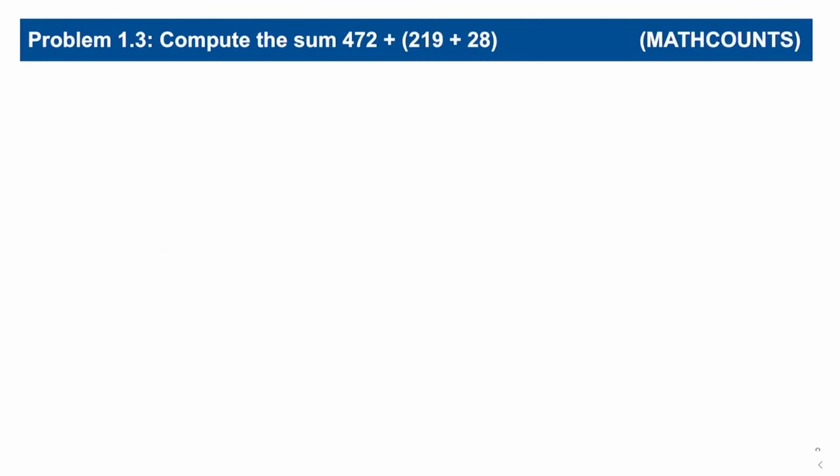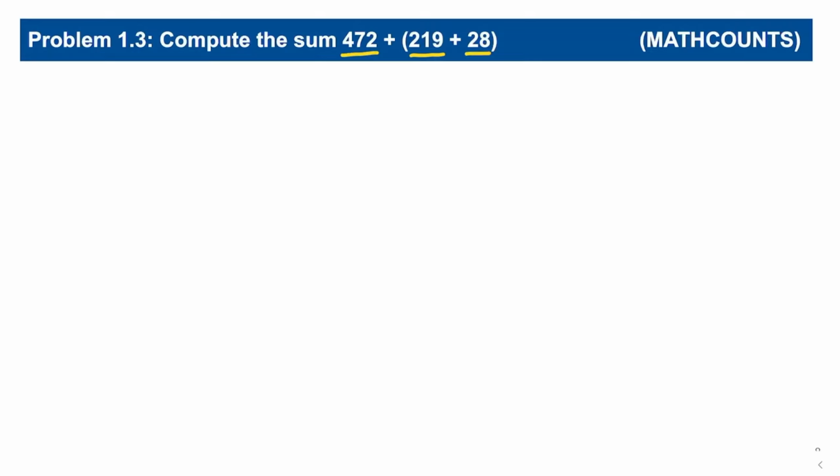Problem 1.3. Compute the sum 472 plus 219 plus 28. 3 numbers added together. The order of addition really doesn't matter. We can first add 219 and 28 and then add 472. However, that's going to be a little complicated.